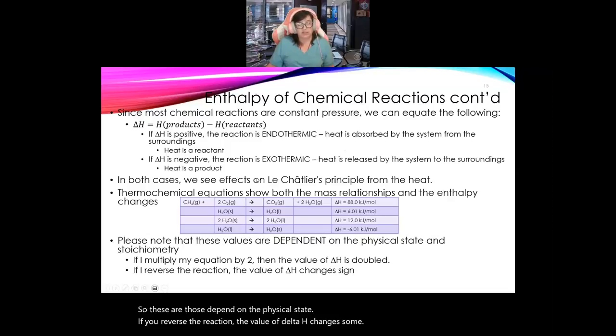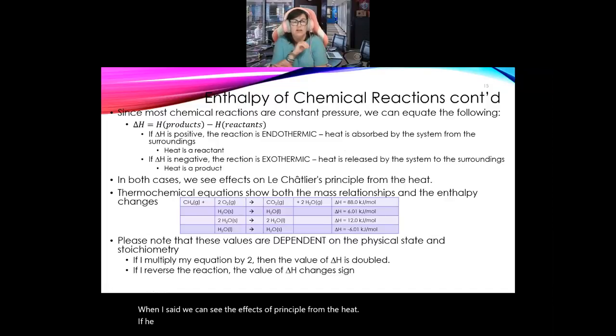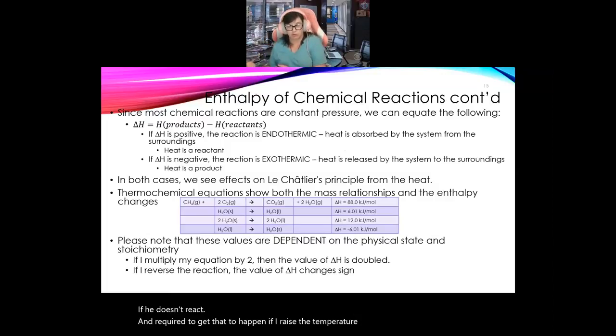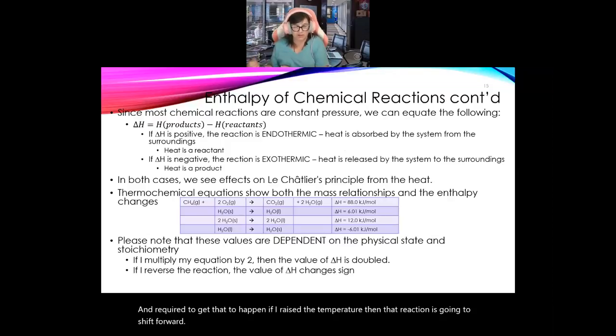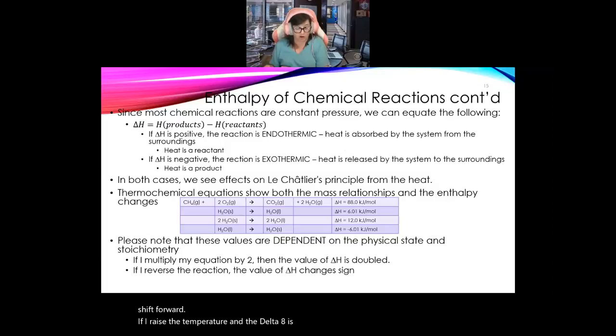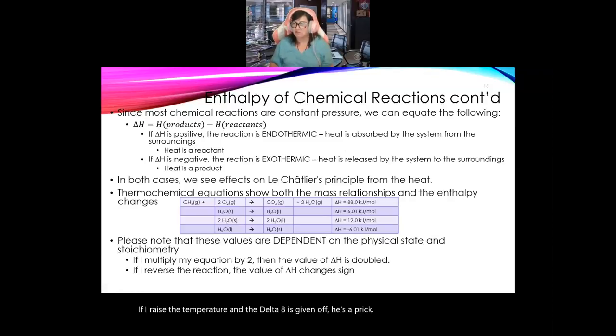And when I said we can see the effects of Le Chatelier's principle for the heat, if heat is a reactant and the heat is required to get that to happen, if I raise the temperature, then that reaction is going to shift forward. If I raise the temperature and the delta H is given off, heat is a product, then my reaction is going to go backwards. Okay, so that's what I mean by Le Chatelier's principle. So don't forget about that.